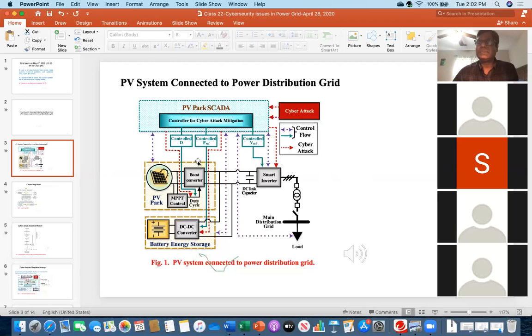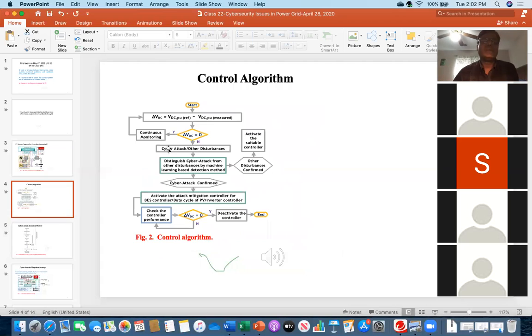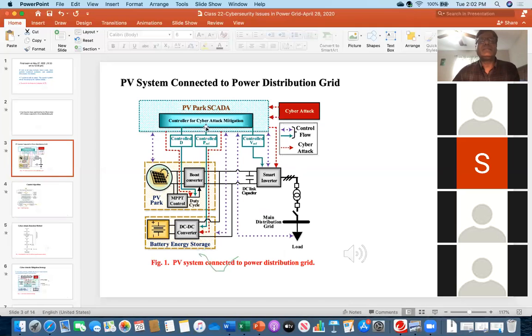Okay, so moving forward, as you can see, here is the control algorithm or the detection mechanism. We are starting here with the flow diagram, del VDC. This means that, once again, we are assuming that when the attacker is interfering with the duty cycle or the DC to DC converter, there is some sort of change on the DC line, meaning that the DC voltage will be changed.